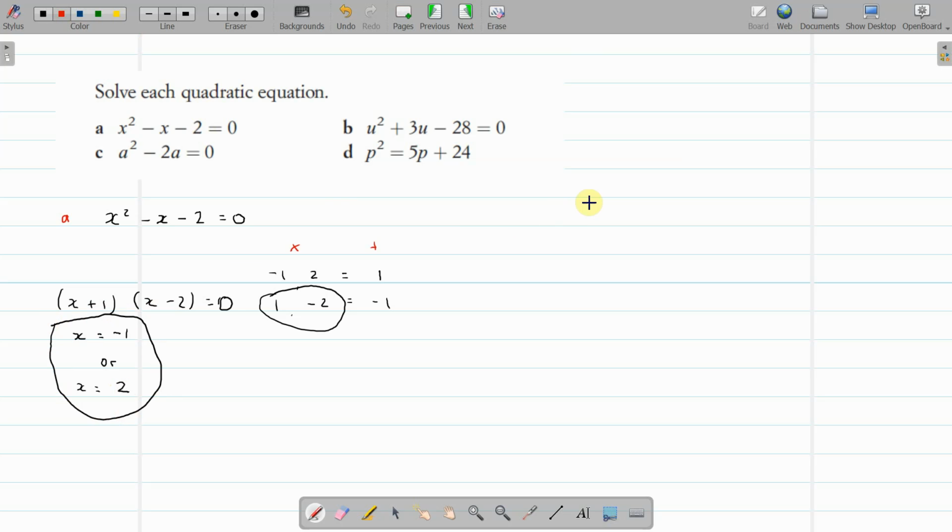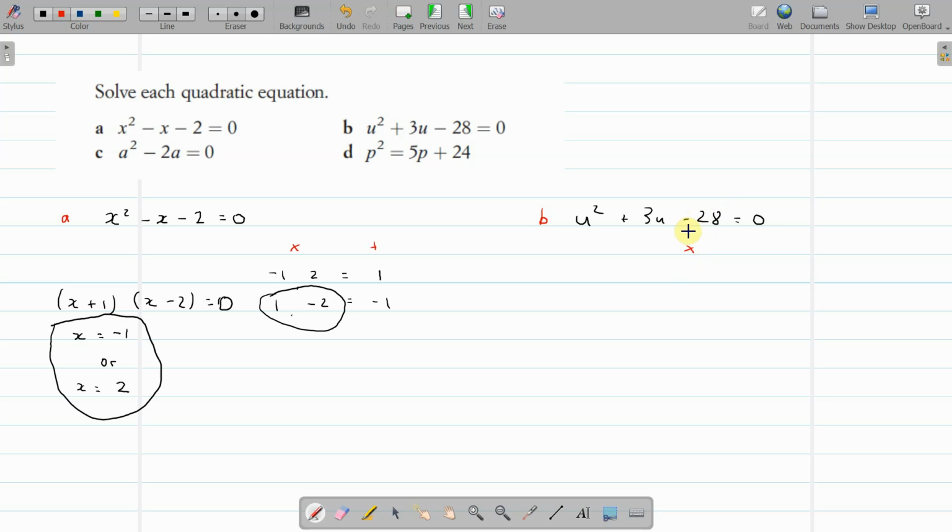Okay. Part B. Just rewrite the question down here so I've got space. u this time: u squared plus 3u minus 28 equals 0. Again, we need to find two numbers that when you multiply them equal minus 28.